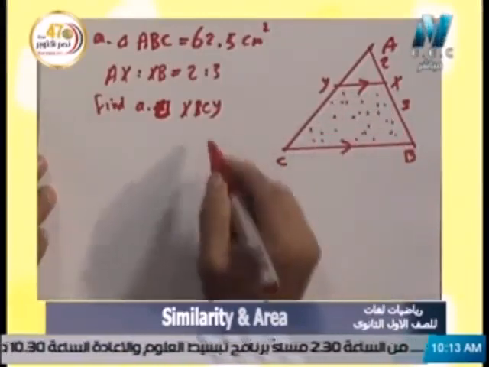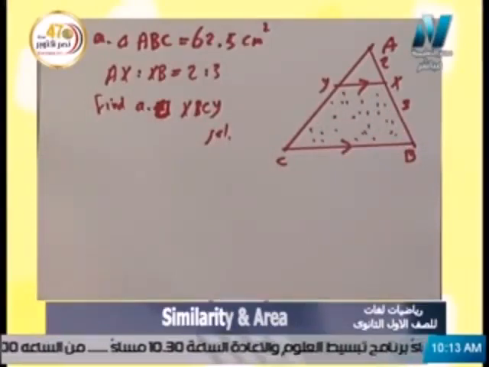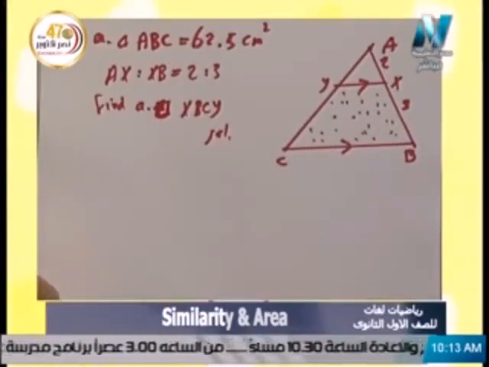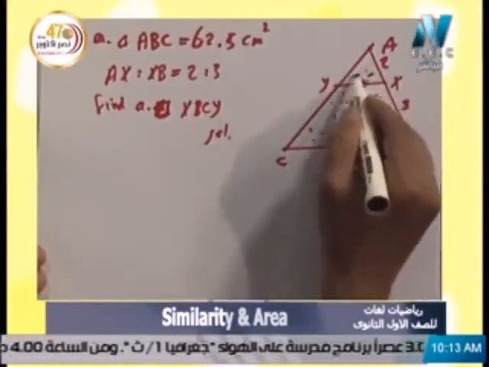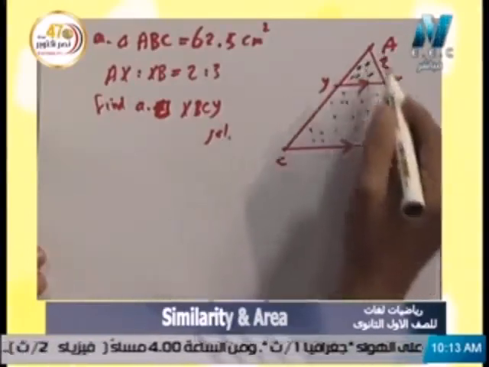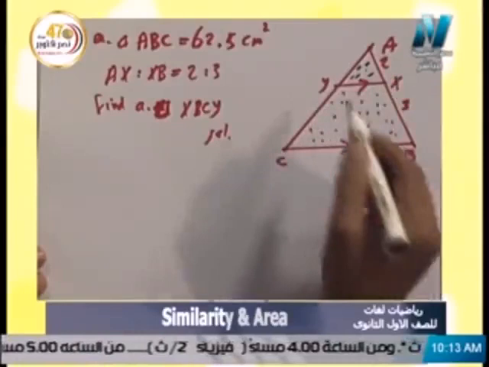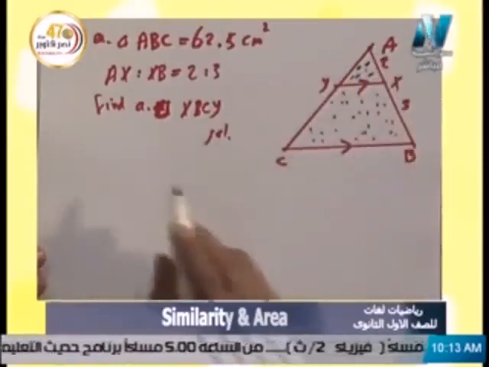Okay? First, we have to concentrate on the similarity of two triangles, the smaller triangle here and the bigger one. We have triangle AXY and the whole triangle, which is ABC.